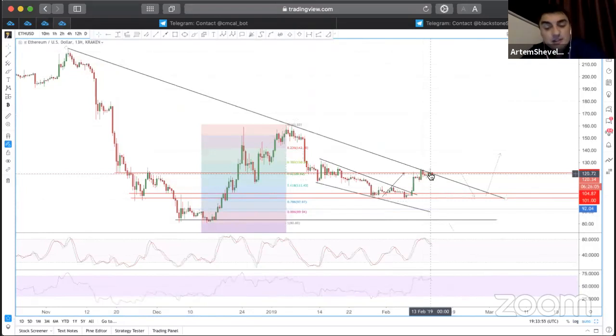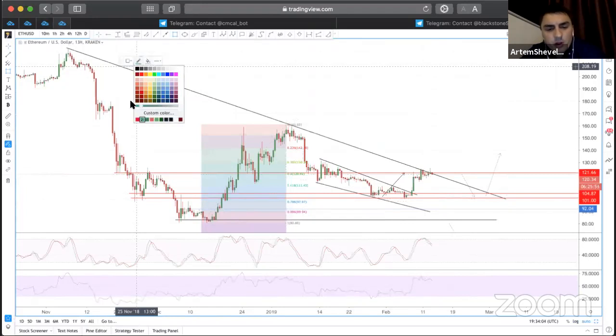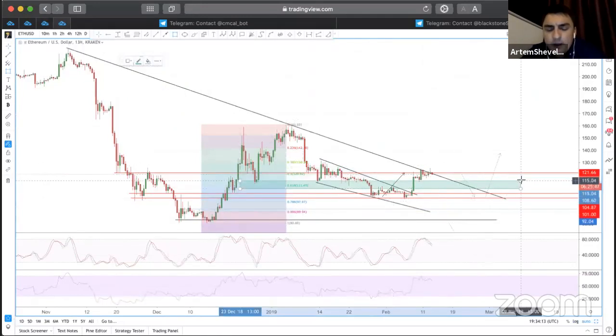I think it needs more time, but from this chart we can see that the area below $110 is pretty strong. See this area, and probably in this area Ethereum is going to reverse.